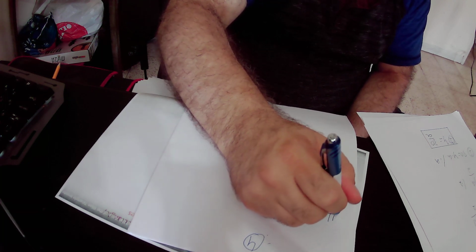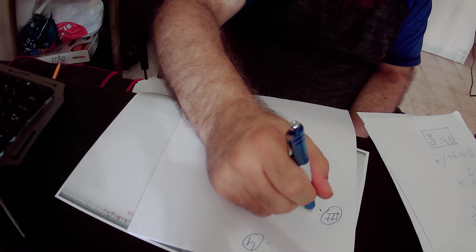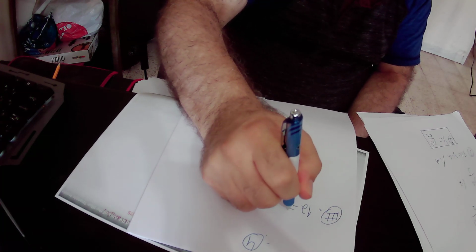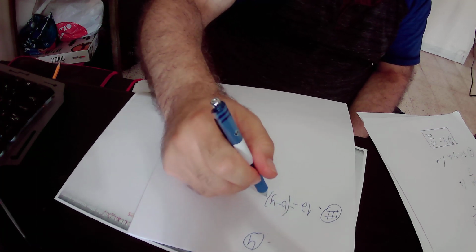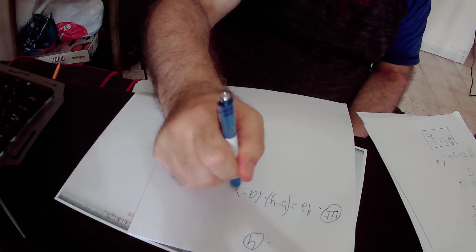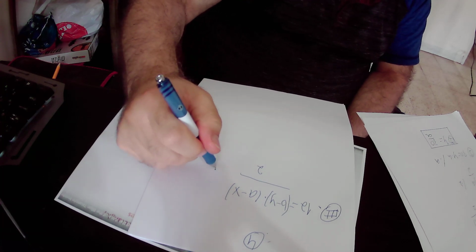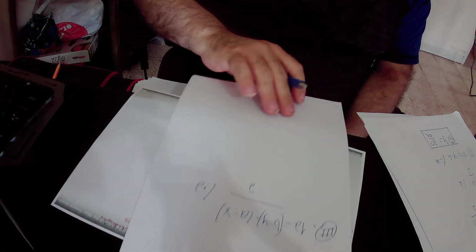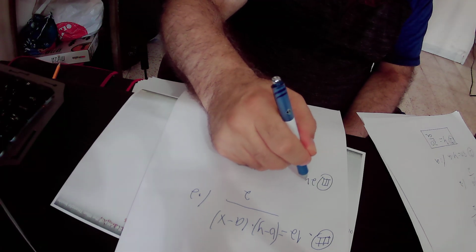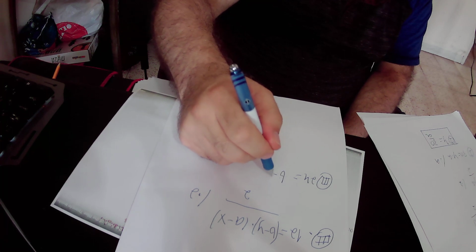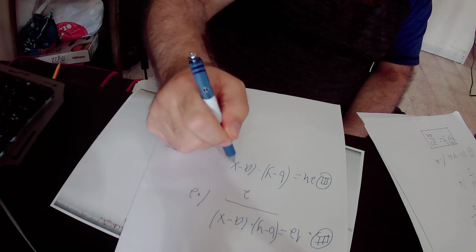The third equation is 12 equals b minus y times a minus x, all divided by 2. First of all, we can multiply both sides of the equation by 2, and we will get that 24 equals b minus y times a minus x.